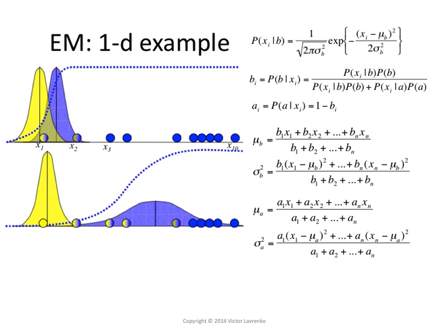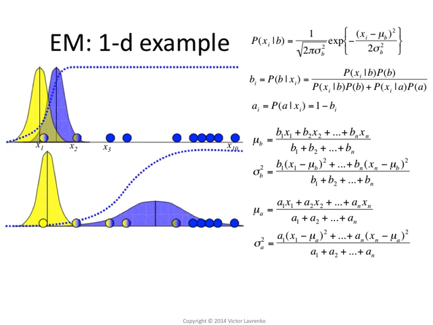So what you would expect to happen in this case, all of these points, starting with x3, are colored blue, so think of them as all sort of assigned to the blue Gaussian. So the blue Gaussian will have a new mean in the midst of all of these points, and it will have a high variance because it's trying to cover all of those points that are now colored blue. So the blue Gaussian is going to have its mean somewhere in here, and it's going to be very wide.